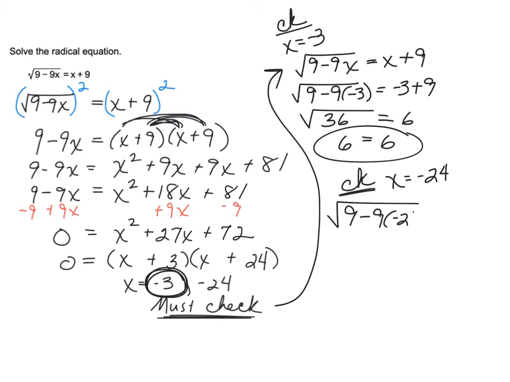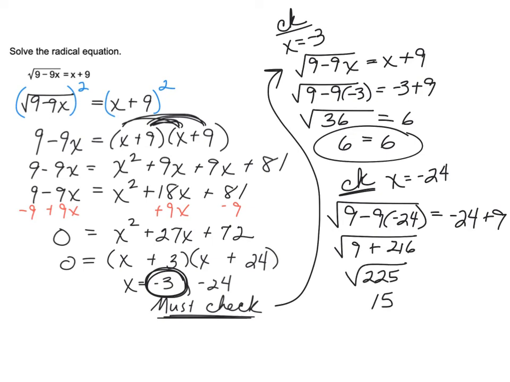Okay, that's a kind of a big one, isn't it? 24 plus 9, we get, let's see, 9 times 24, oh, that is 216. So 9 plus that gives me 15 on that side, and on the other side, negative 24 plus 9 is negative 15.